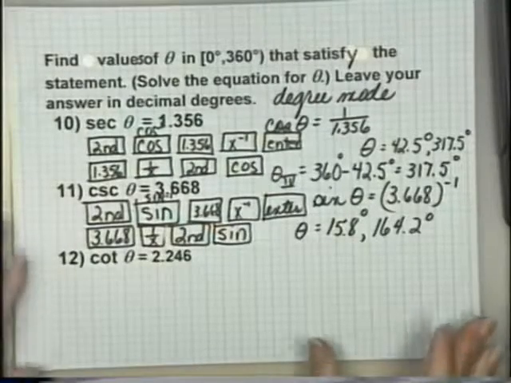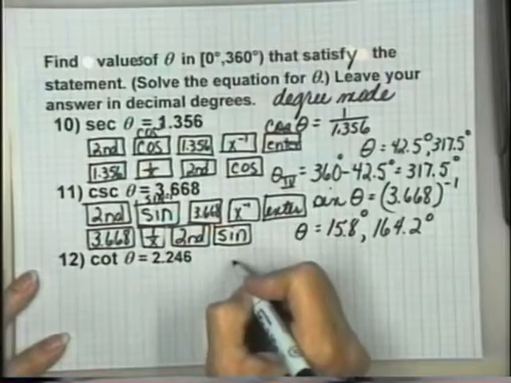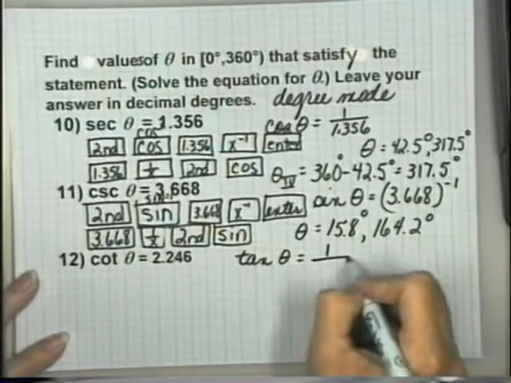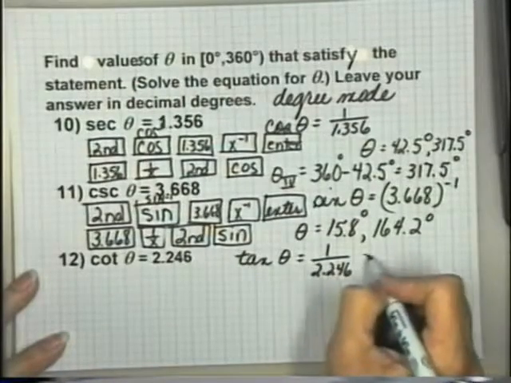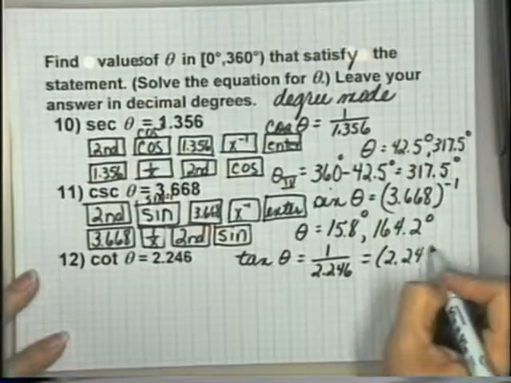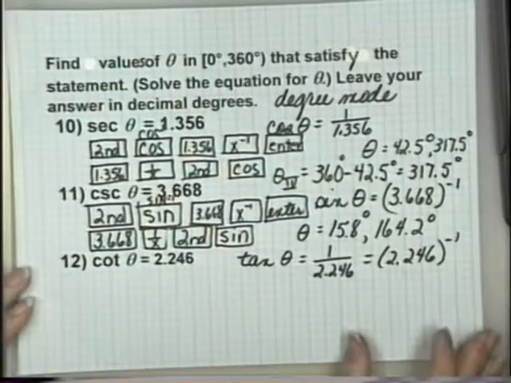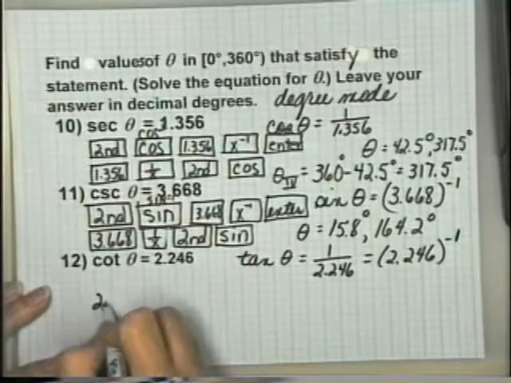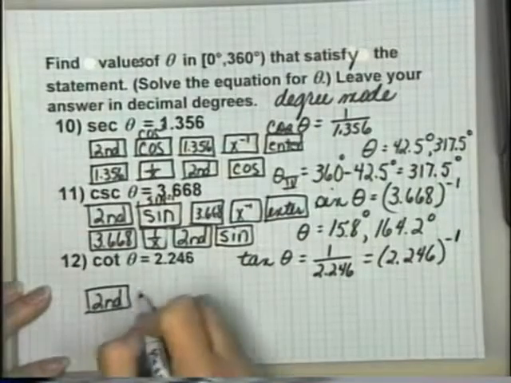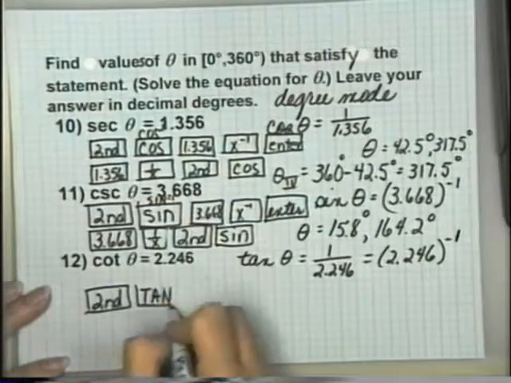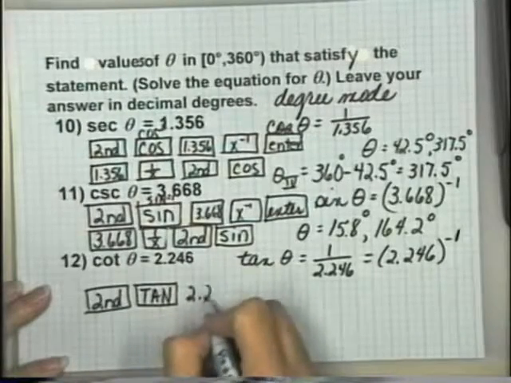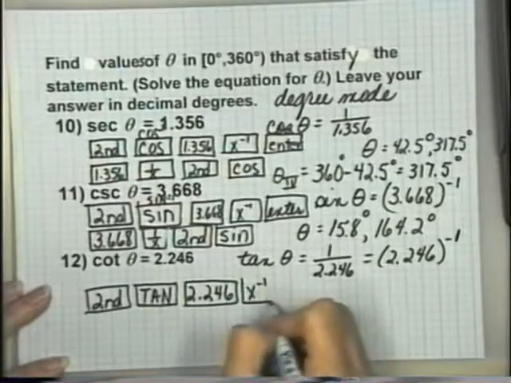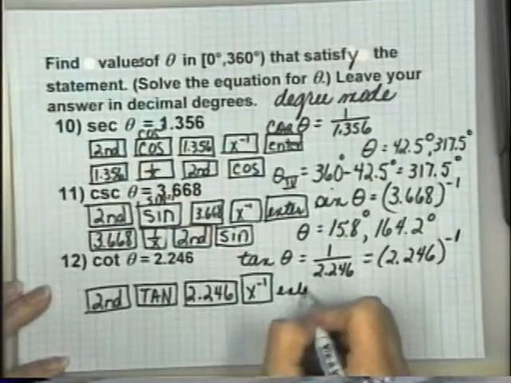Now we have one more problem like this, our cotangent problem. We'll use that reciprocal relationship, tangent of theta equals either 1 over 2.246, or you could say 2.246 to the negative 1 power. That's your choice. On your graphing calculator, second function, tangent, and put your 2.246 in, hit your reciprocal button, and hit enter.